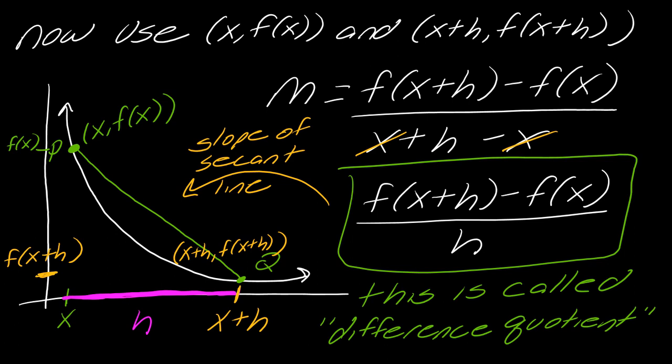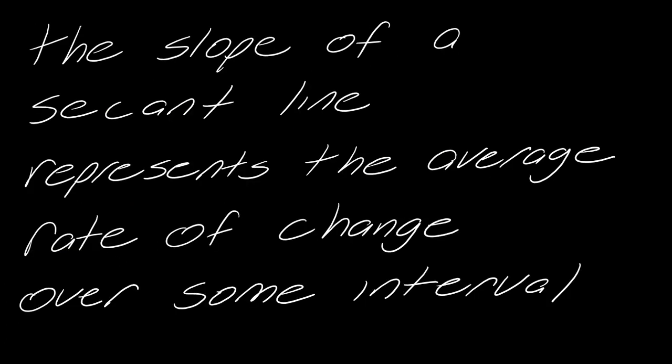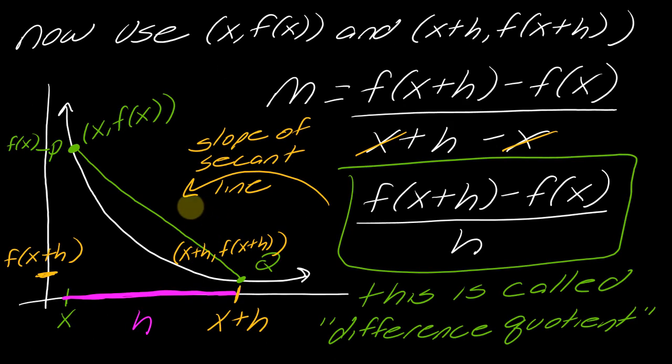Now, believe it or not, the secant line is actually an important concept in mathematics, because the slope of a secant line represents the average rate of change over some interval. That might not mean a lot at the moment, but if you were trying to figure out an average speed, let's say I was going really fast and now I'm coming down to a slowdown.